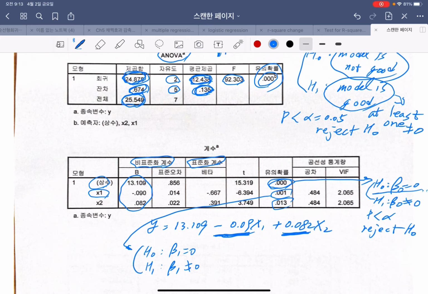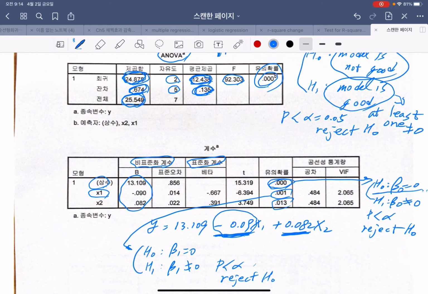In this case, the p-value is less than alpha, so you reject the hypothesis. So that means beta 1 is not equal to 0, so beta 1 is significant. So you can safely say that there is a negative relationship between x1 and y, right?